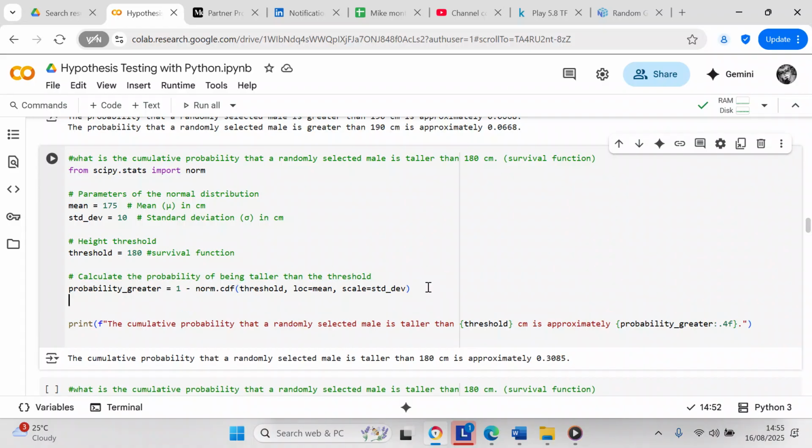Basically, we're going to calculate the survival function in the same cell because I believe they're going to give you the same values. So probability greater SF equals norm.sf, threshold, comma, loc equals mean, comma, scale equals standard deviation.